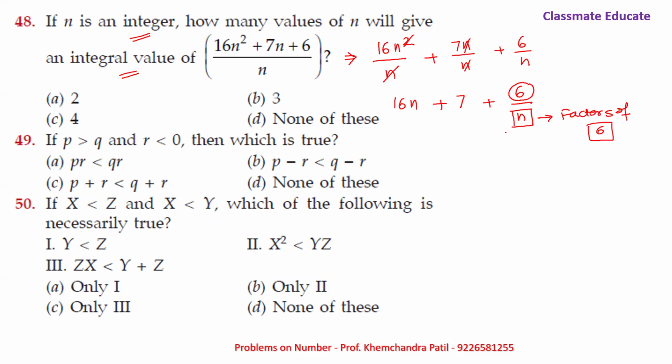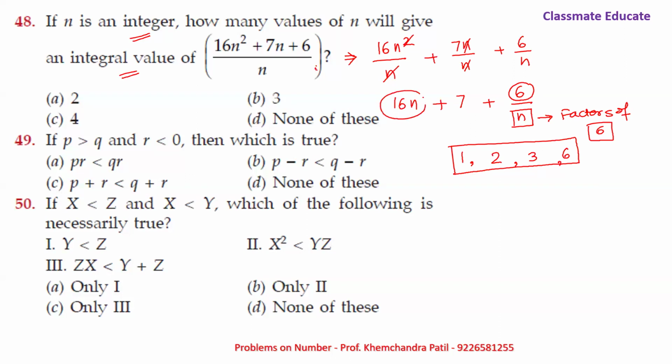Which are those numbers divides 6? पहला नंबर तो 1 मैं बता देता हूँ, लास्ट वाला 6, because the smallest factor of any number is 1 and the largest factor of number is number itself. दूसरे बताओ बेटा, 2 and 3. Yes, these four values. For these four values of n, this whole expression will be the integer value.